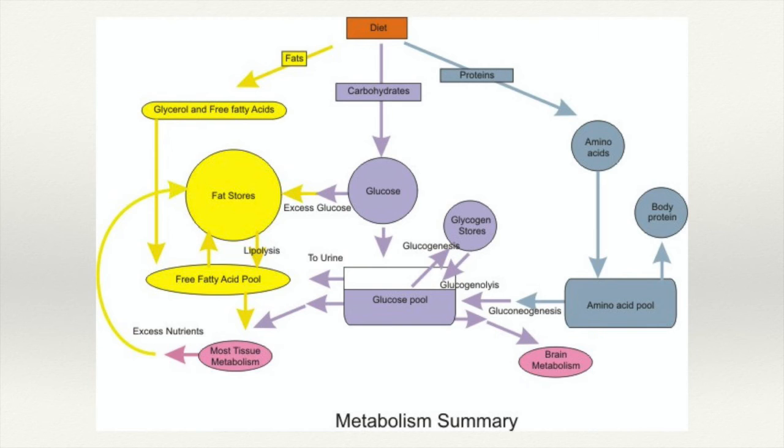The amino acids can be metabolized, and then by gluconeogenesis they go into the glucose pool in the blood, and the liver and the pancreas and the insulin all regulate the blood glucose levels.